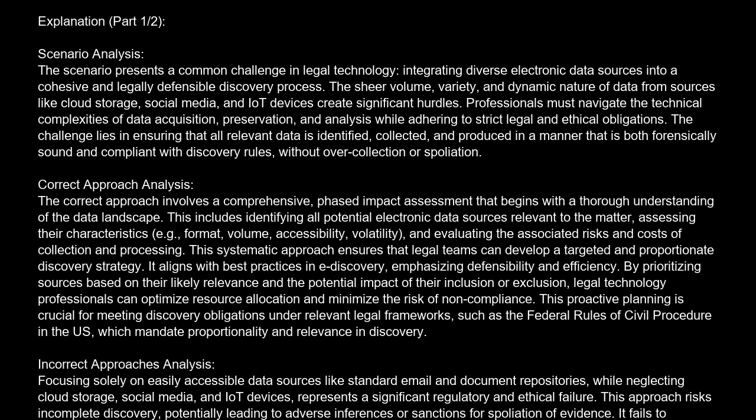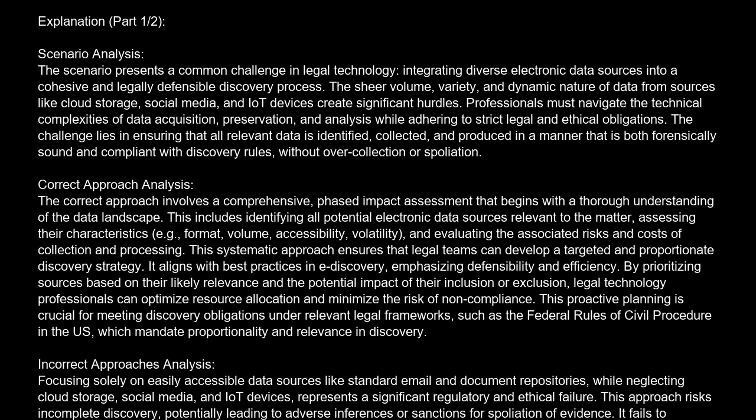This systematic approach ensures that legal teams can develop a targeted and proportionate discovery strategy. It aligns with best practices in e-discovery, emphasizing defensibility and efficiency. By prioritizing sources based on their likely relevance and the potential impact of their inclusion or exclusion, legal technology professionals can optimize resource allocation and minimize the risk of noncompliance.